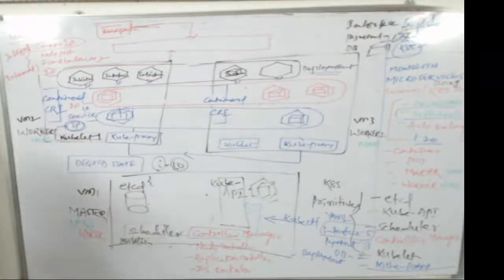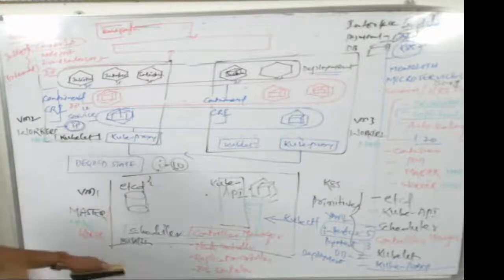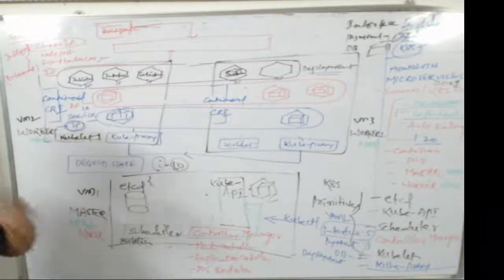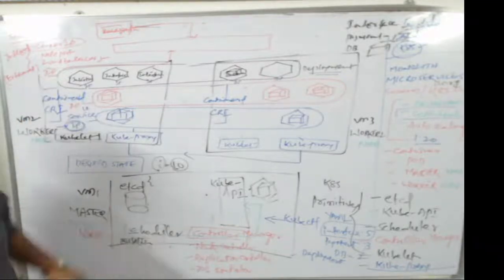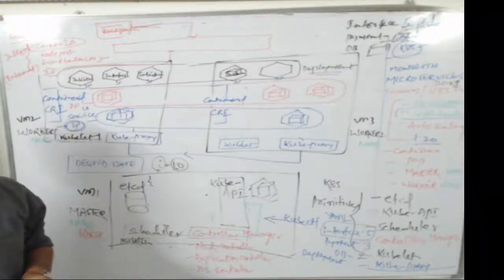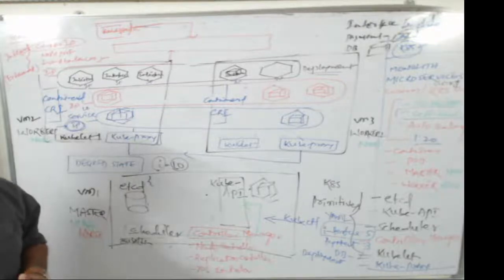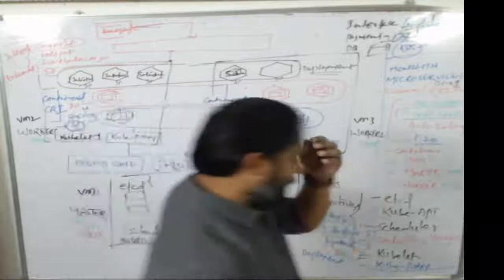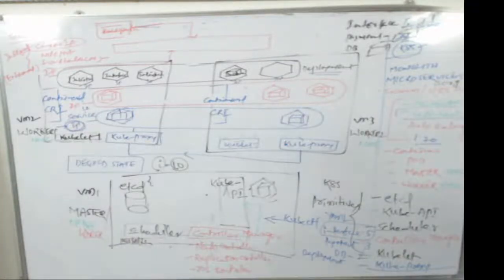So cluster IP is an internal service IP and load balancer IP is an external service IP. What do we mean by external? It's accessible from outside. When you run a ping command on your laptop, you will get a response from that IP.